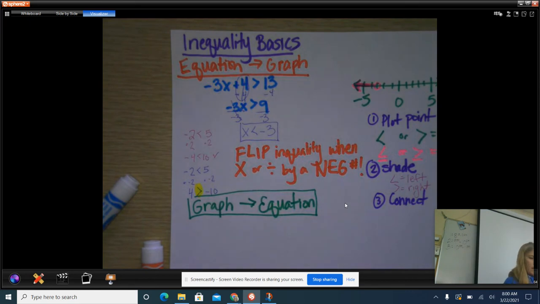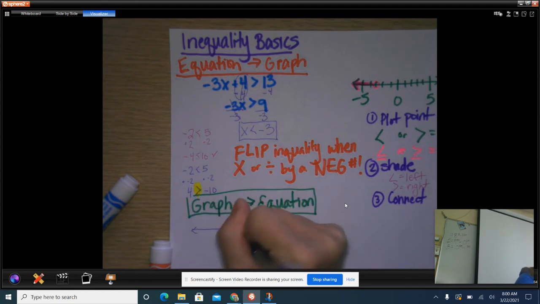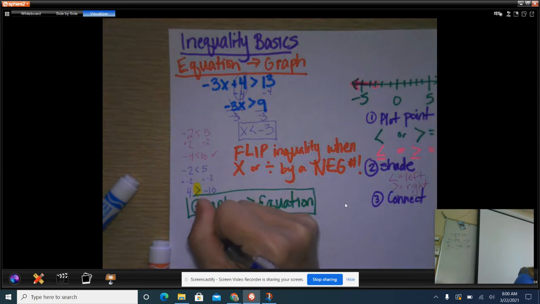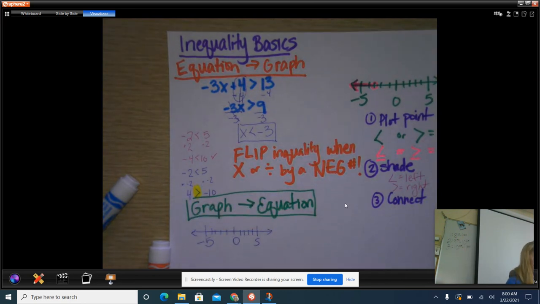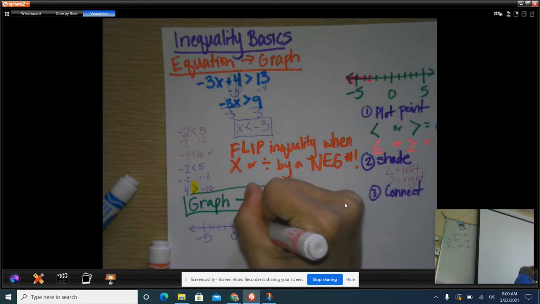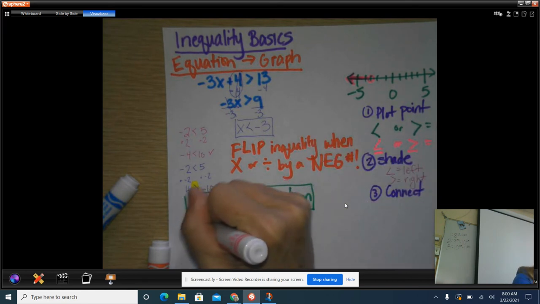So we're going to take a look at, once again, a number line graph. And we're going to make a closed circle at 4, and we're going to have that go to the left.